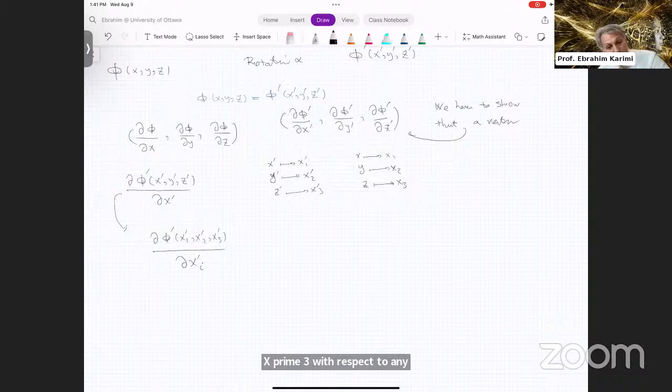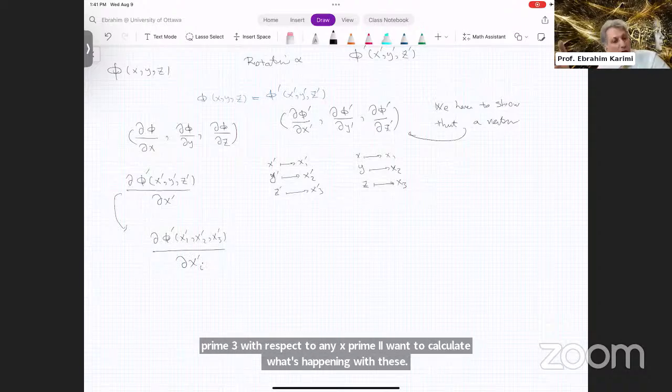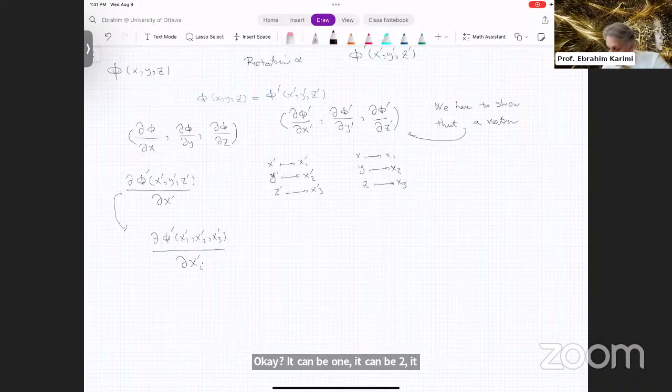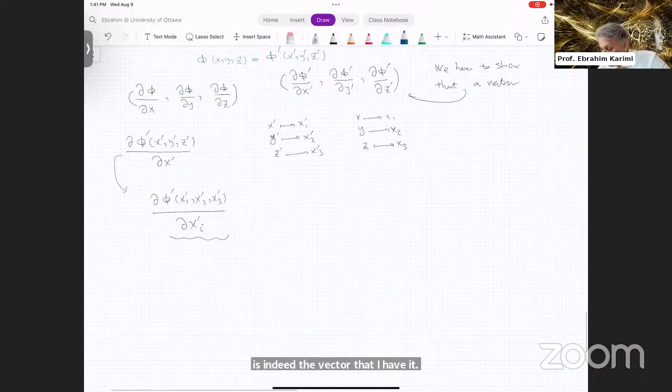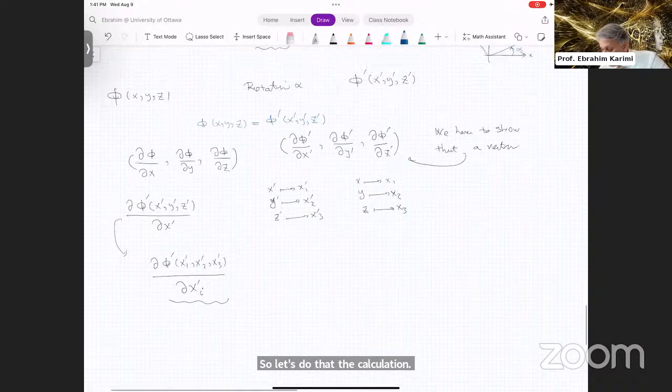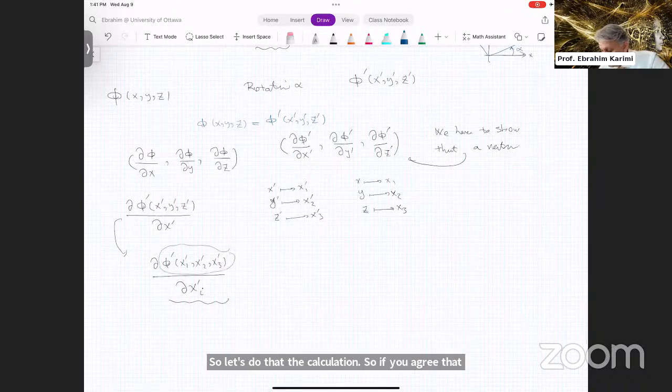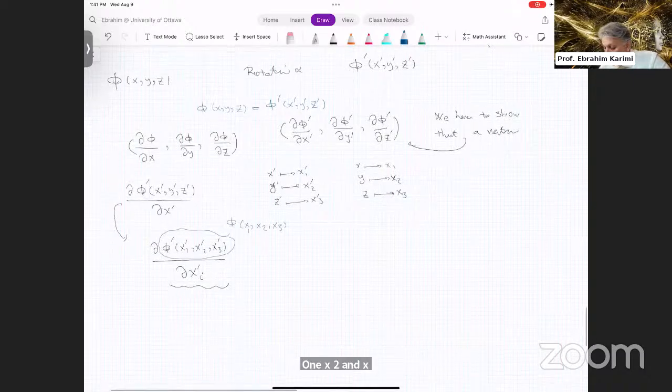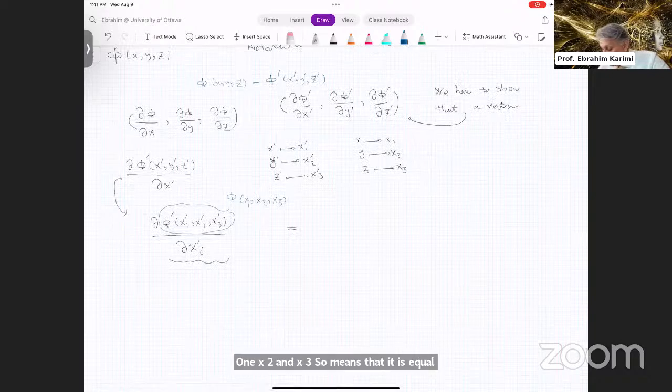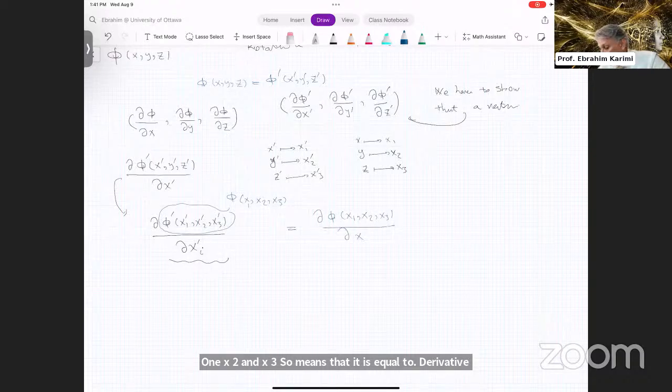with respect to any x prime i. I want to calculate what's happening with this. It can be 1, it can be 2, it can be 3. So this is indeed the vector that I have. Let's do the calculation. If you agree that this is a scalar quantity, then this is also equal to phi of x1, x2, and x3, with respect to the derivative of x prime i.